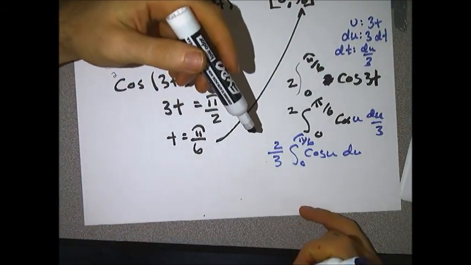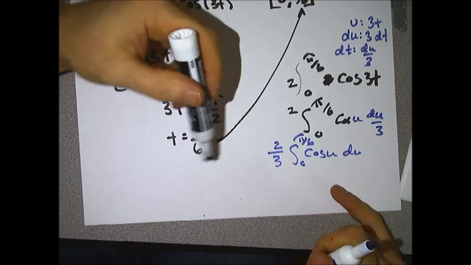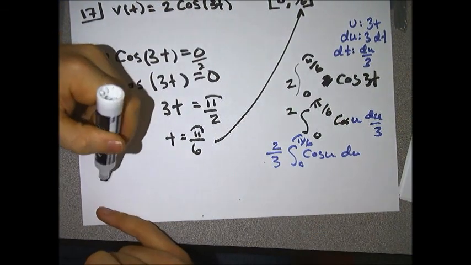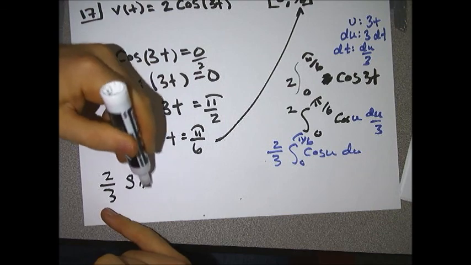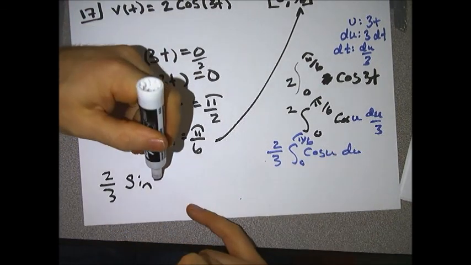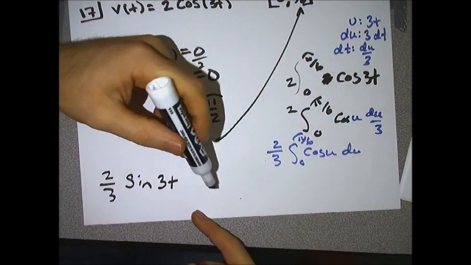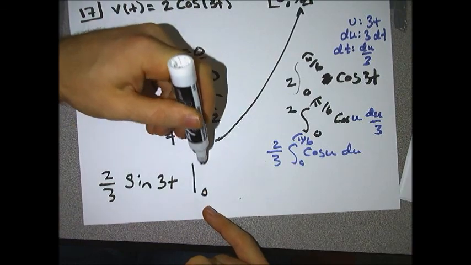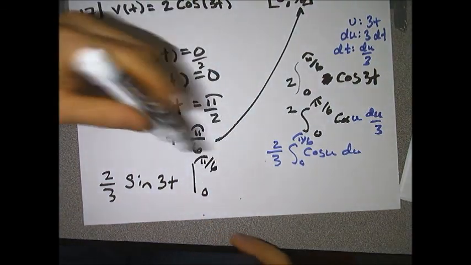Integrating cosine gives me sine. So this is 2/3 sine u, but what is u? 3t from 0 to pi over 6.